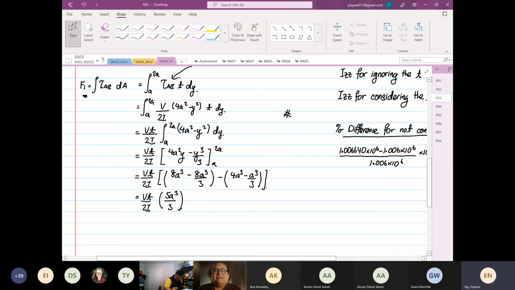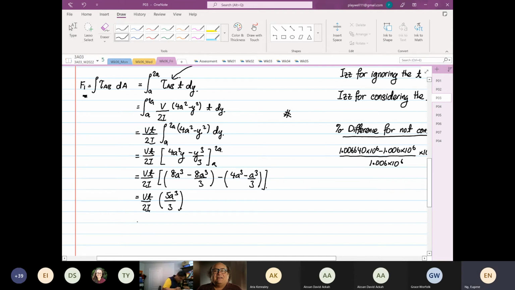Okay, so this is our value for now. Then we are going to substitute everything inside. What I'm going to do is introduce I into our term.